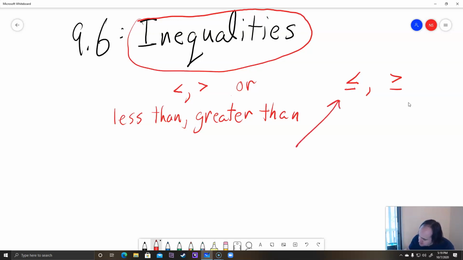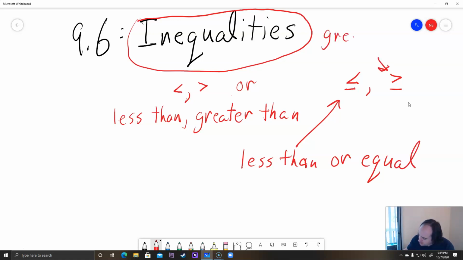So this one is less than or equal, and this one on the right is greater than or equal. Okay, so those are the names for those symbols.